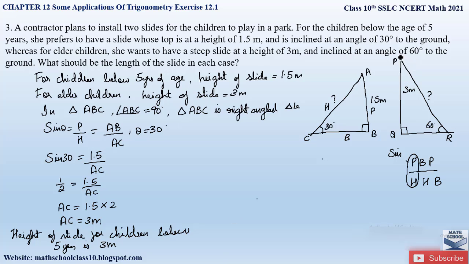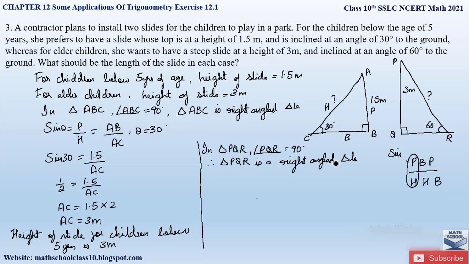Similarly, now let us find out the height of the slide for elder children. So now let us consider the second triangle, that is triangle PQR. In triangle PQR, angle PQR is a 90-degree angle. Therefore triangle PQR is a right angle triangle.